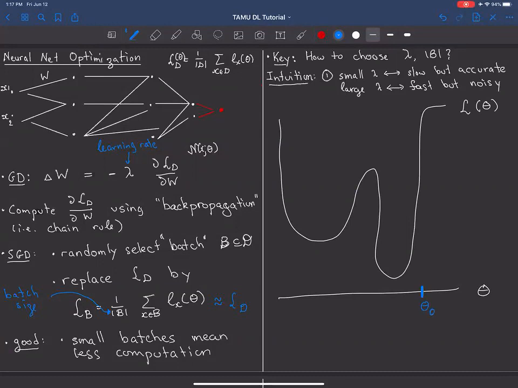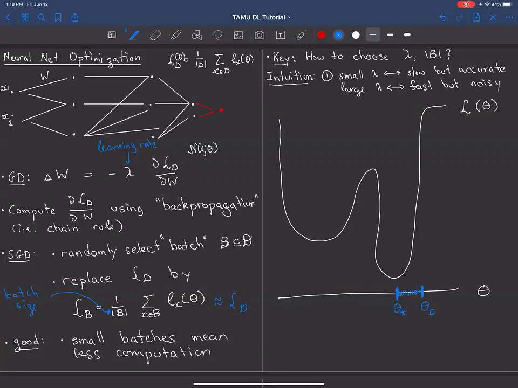Suppose first that we have a small learning rate lambda. It's going to be slow because the step sizes will be small, but it'll be accurate because the gradient tells me what direction locally to go to minimize the function. So with a small learning rate lambda, I will eventually converge to theta star, which is, in this case, the global optimum. And I'm very happy that I was able to find the global optimum.